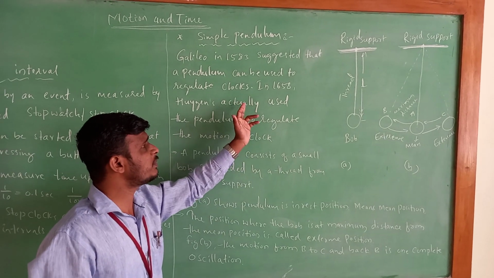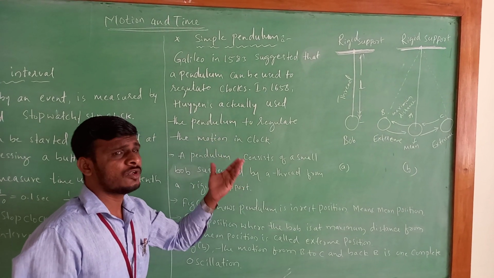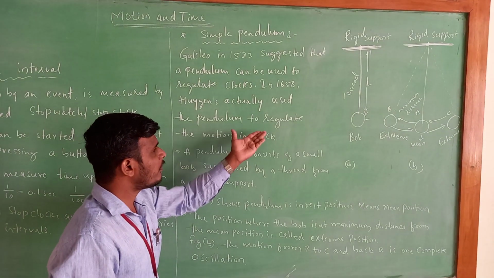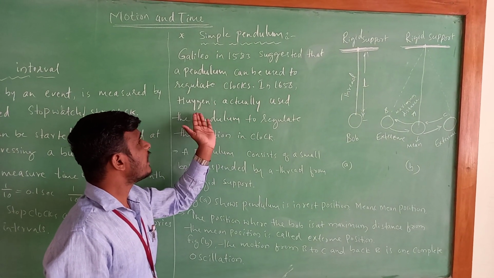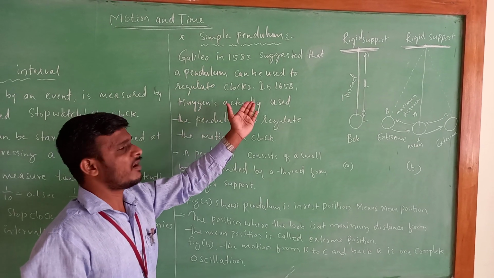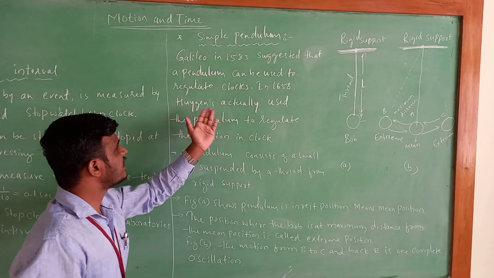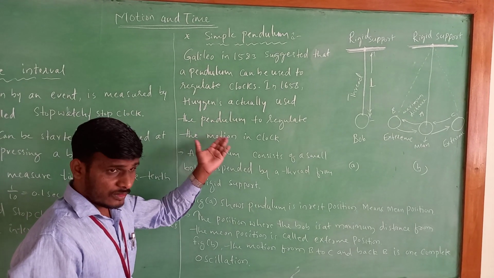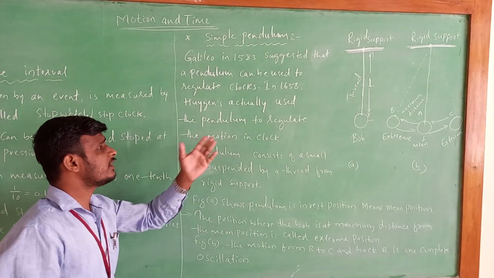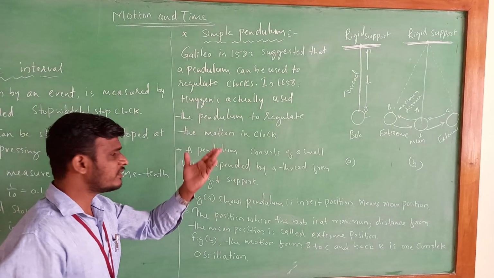He was the first person to build a pendulum clock. The first concept was given by Galileo, and then Huygens used the pendulum to regulate the motion of the clock. How it is regulated, we will discuss here.